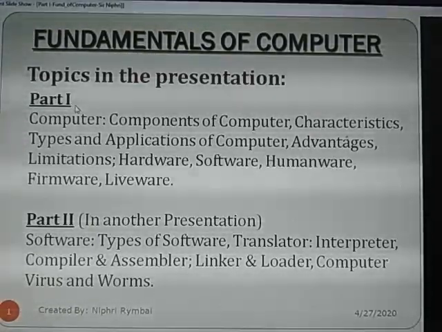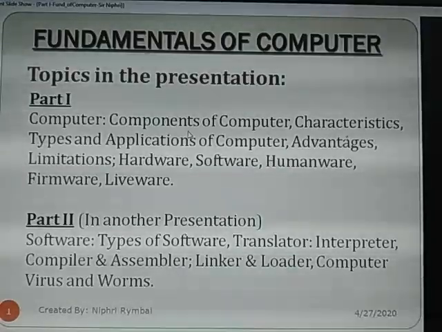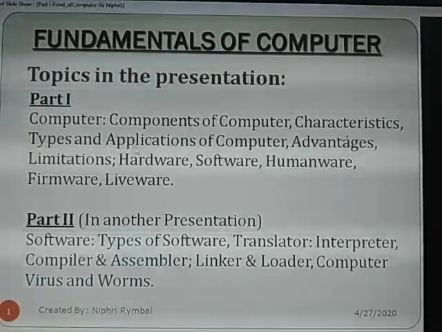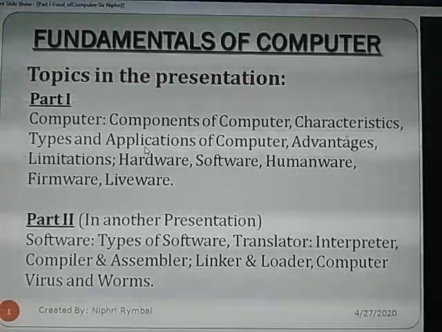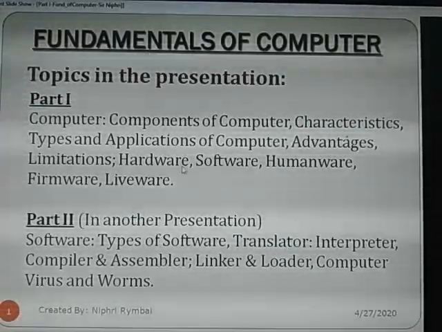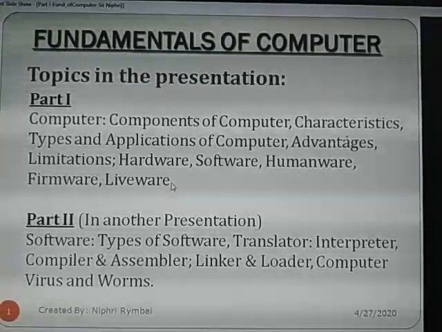In part 1, we will learn about a computer, the components, the elements that make up a computer, its characteristics, the different types of computer, the application areas of computer, its advantages and limitations. Then we'll also look at some important terms like hardware, software, humanware, firmware, and liveware.